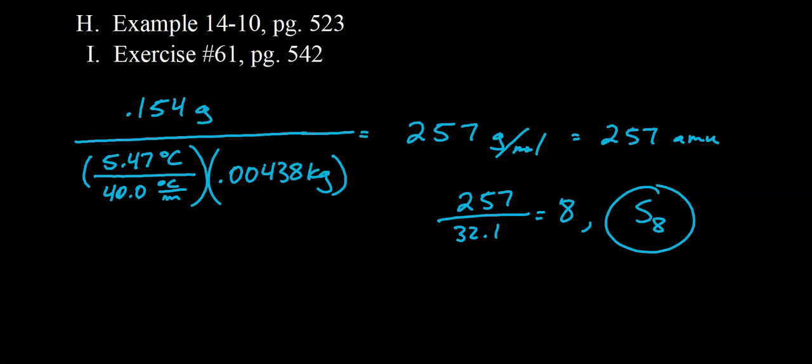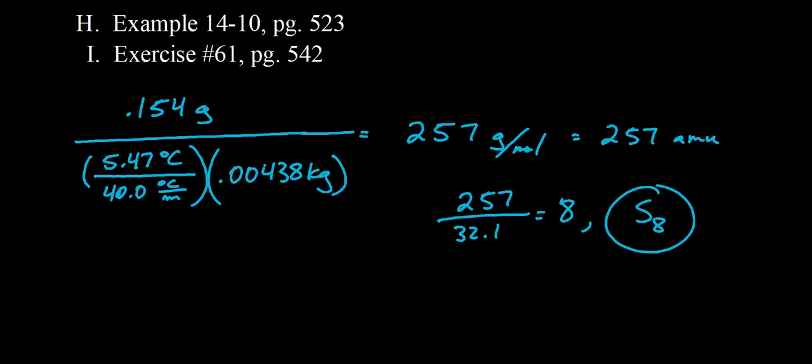Divide that by 40.0, which is the Kf for our solvent, which is camphor. And then multiply that by the mass of the solvent in kilograms. The whole thing there will give us moles. So molality times kilograms equals moles. And we get a molar mass of 257 grams per mole, or a molecular mass of 257 AMU.